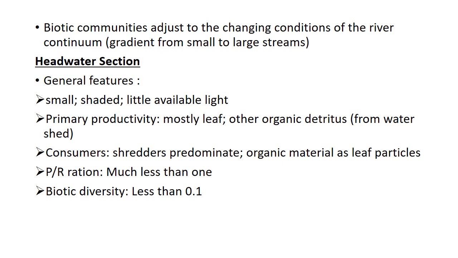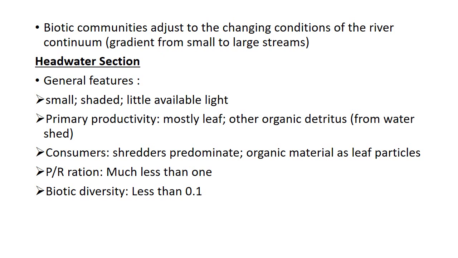Biotic communities adjust to the changing conditions of the river continuum, the gradient from small to large streams. In the headwater section, the general features are that the area is smaller and narrower as compared to the mid-water section. It is mostly shaded and little light is available, so a more heterotrophic form of life is present.